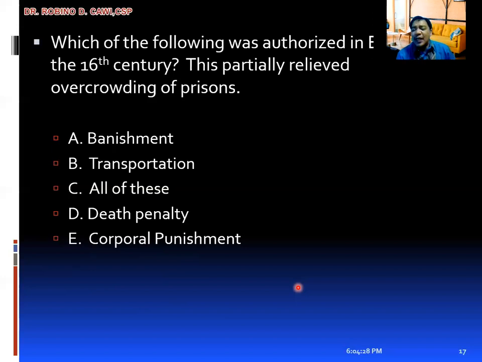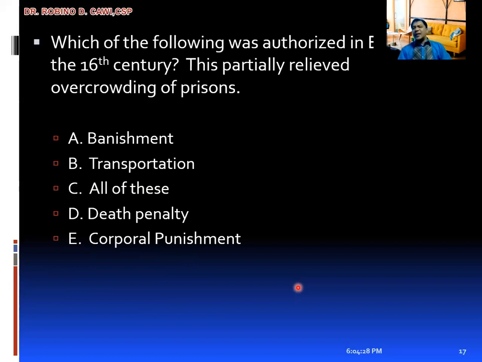According to some lawmakers during those times, not all crimes could warrant the death penalty, most especially in cases of children, prostitutes, vagrants, and vagabonds. They could not be given the penalty of death.